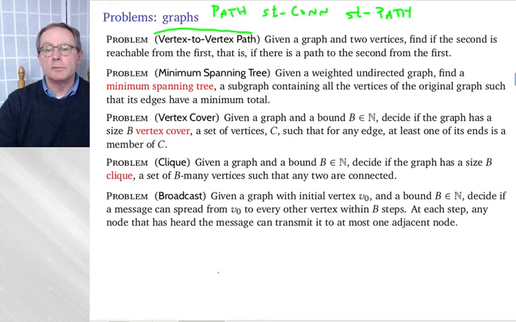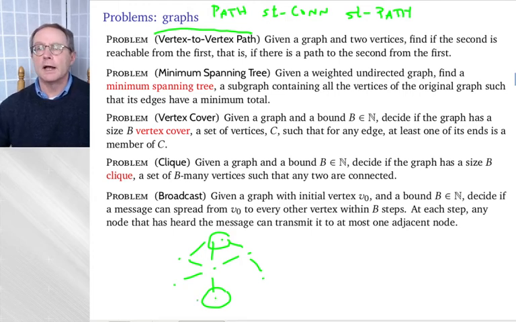You imagine a computer network, where computers can talk to each other, but at any moment a computer can only talk to one other computer. If you're here, how long does it take a signal to reach everybody in the network? Okay, so that's the broadcast problem.